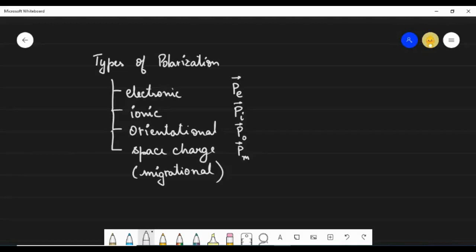The net polarization P is the sum of electronic polarization, ionic polarization, and orientational polarization.